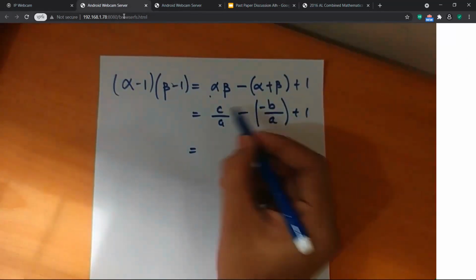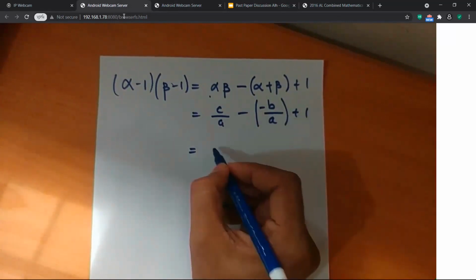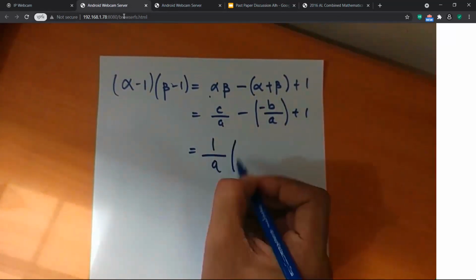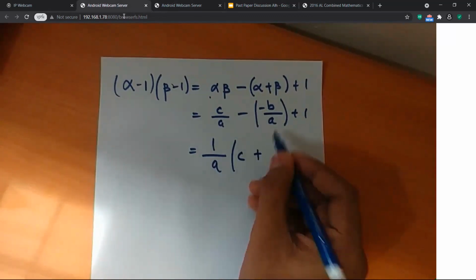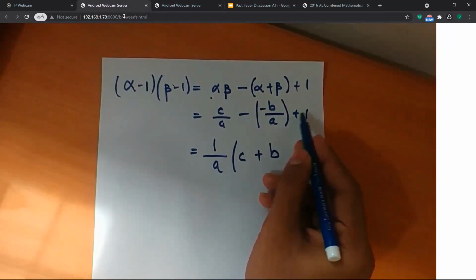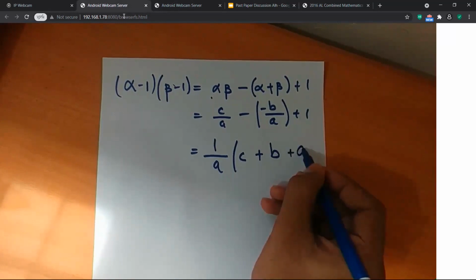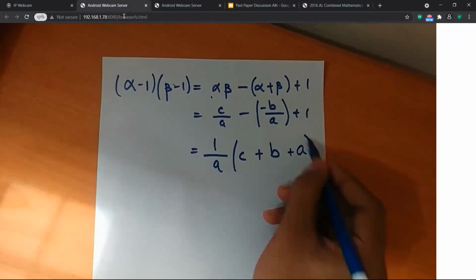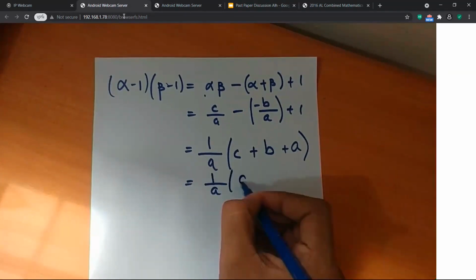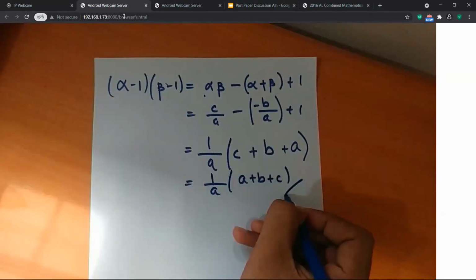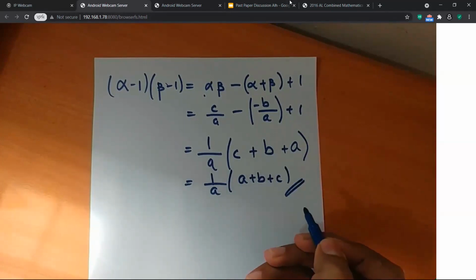This is c plus b plus 1. If you take 1 over a out, what remains here? c, minus minus becomes plus. What remains here? b. If you take a out, it will be a, because a multiplied by 1 over a is 1. So we get the answer in the format a plus b plus c. This is the answer we need. Right?